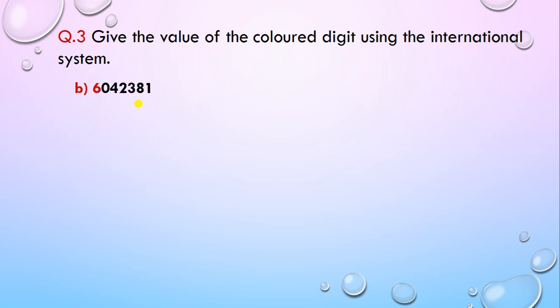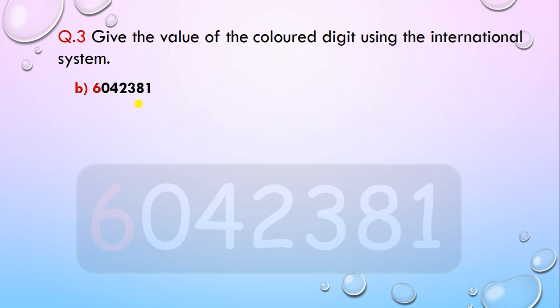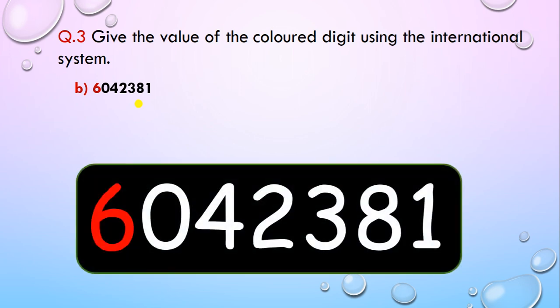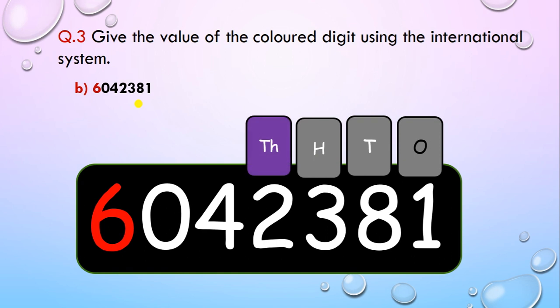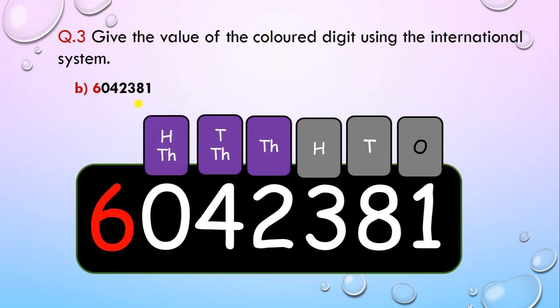Let's see one more example and let's write places for each digit separately. So here 1 comes at ones place, 8 comes at tens place, 3 at hundreds, 2 at thousands, 4 at 10,000s place, 0 at 100,000s place, and 6 at millions place. So the colored digit is at the millions place.